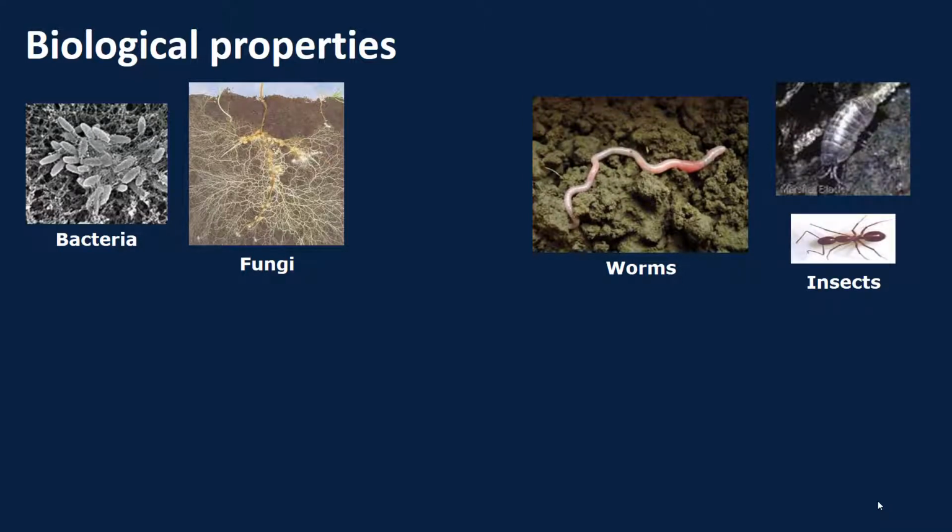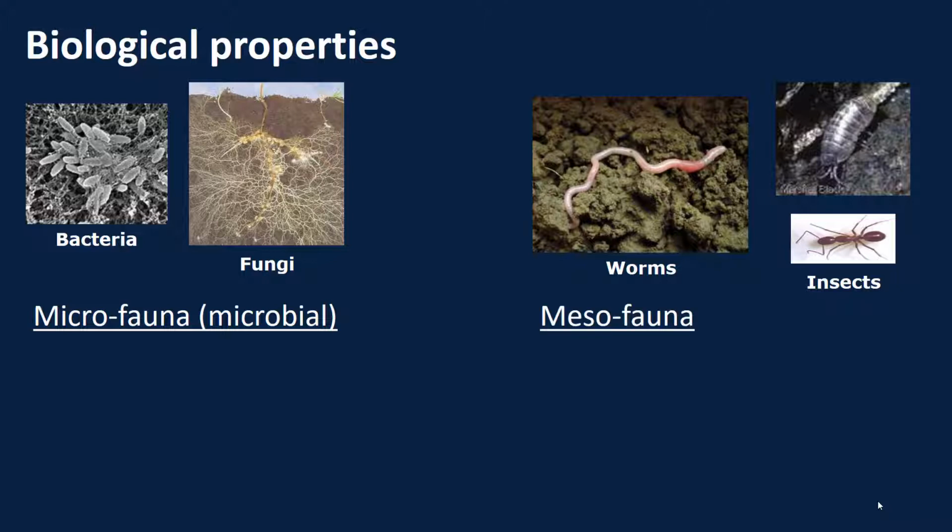If we want to classify these into two different groups, we usually say we have the microfauna, or that microbial group, the really small things we can't see very well, such as bacteria and fungi. And then we have the mesofauna. These are worms and insects, the larger ones that we can see. And they both perform very vital and important work in soils.